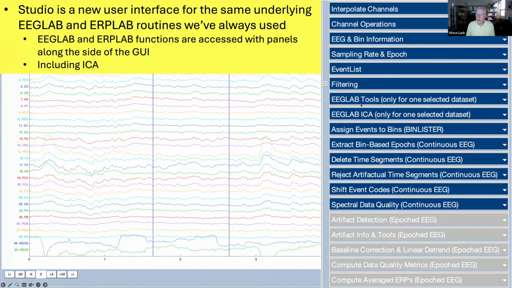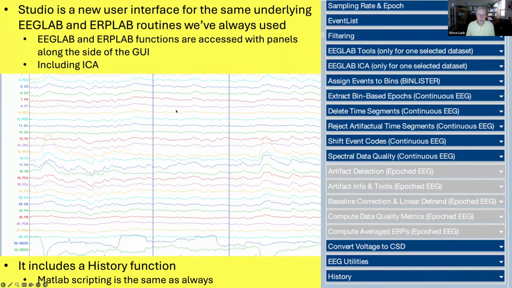And then we have all of the EEGLab ICA tools as well. And it also includes a history function. So the bottommost panel is the history, and that will show you the MATLAB equivalents, the script equivalents of everything you do in ERPLAB Studio.